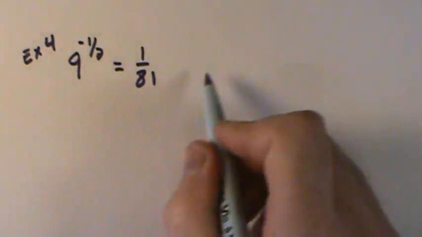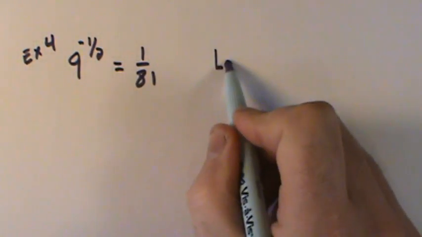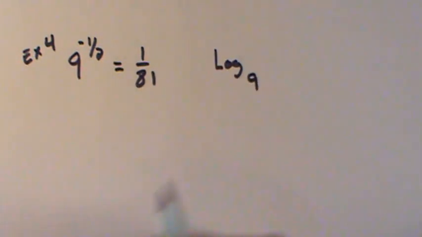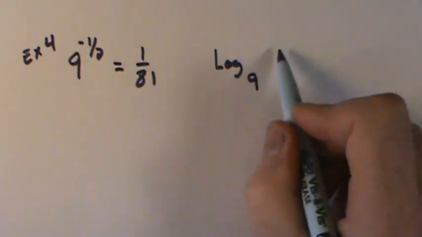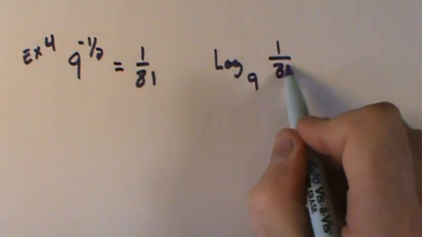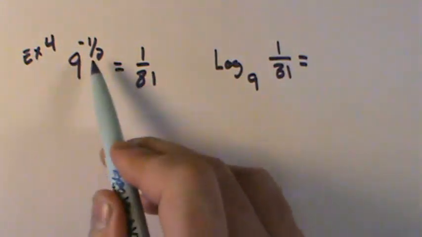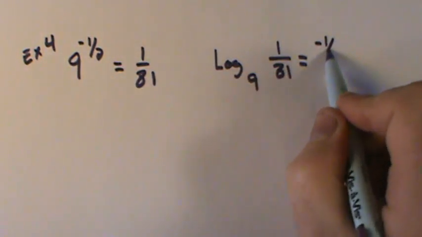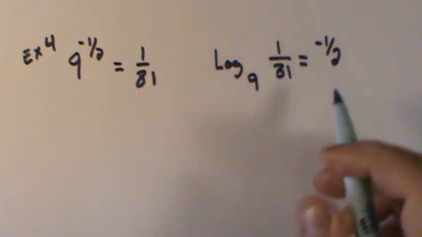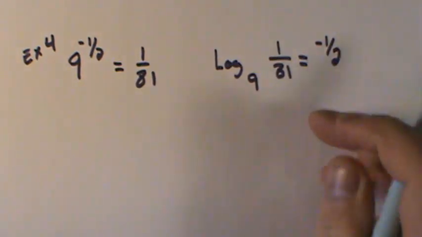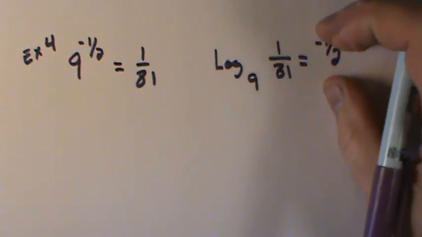So you could say this is log base 9. What is the result? The result is 1 over 81. So you say 1 over 81 equals, what was the exponent? The exponent in this situation was negative 1/2. I wrote that kind of funky. That's not an exponent there. It's actually down. It's just a regular number right there.